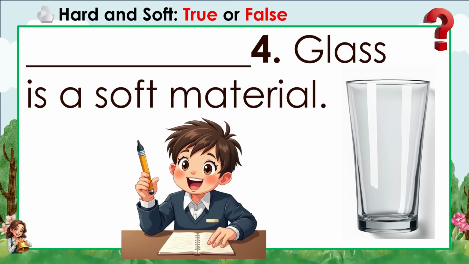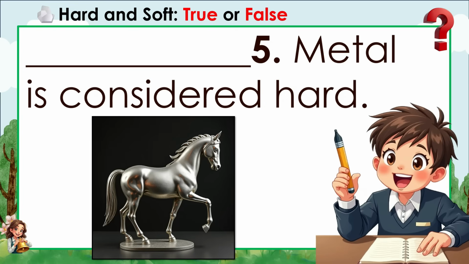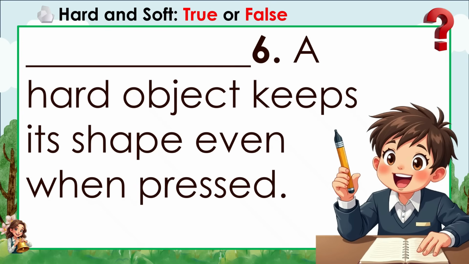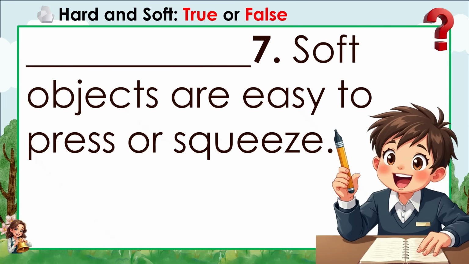4. Glass is a soft material. 5. Metal is considered hard. 6. A hard object keeps its shape even when pressed. 7.